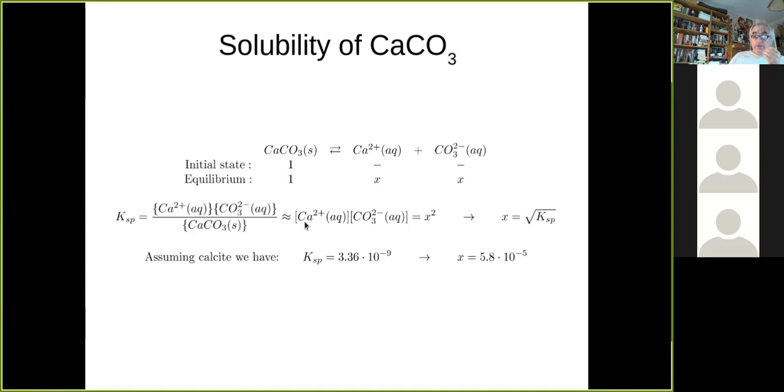But we don't need to throw away this concentration parenthesis, just skip the unit. Use the value of the concentration, and then use a unit for all pure solid phases, and also all pure liquids.